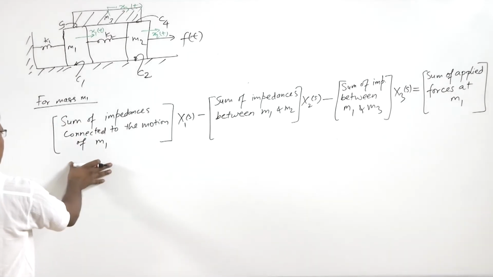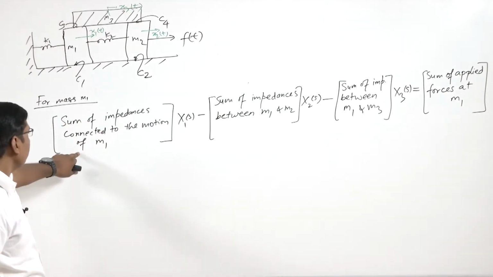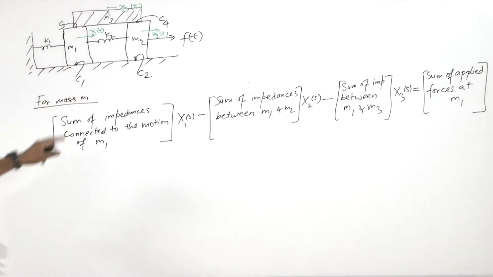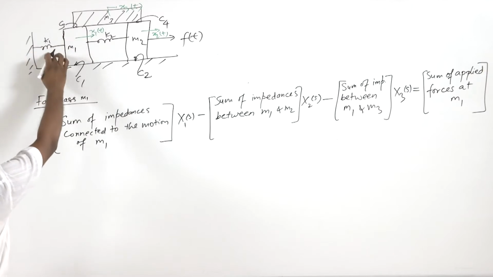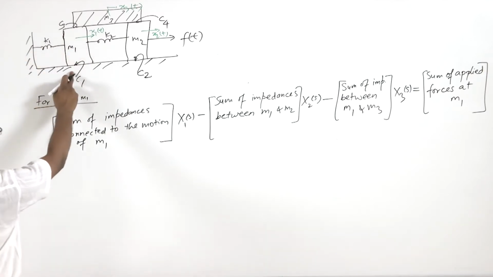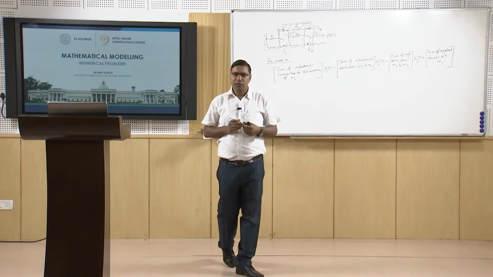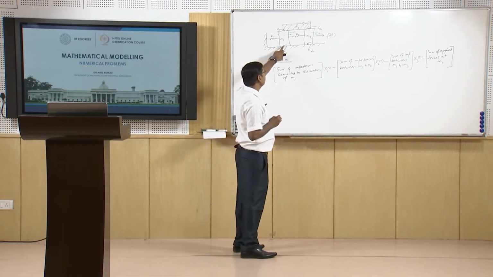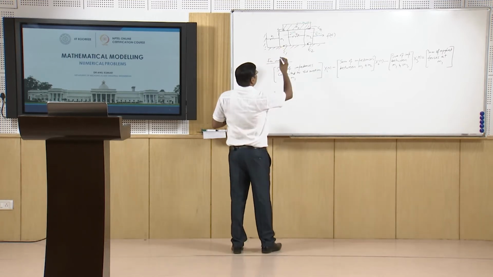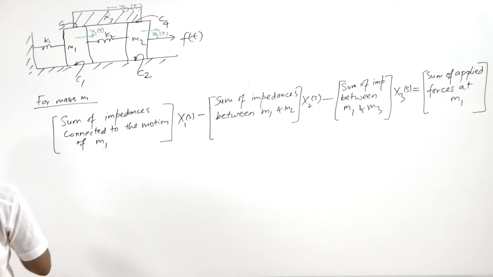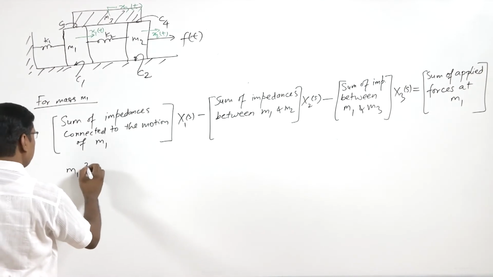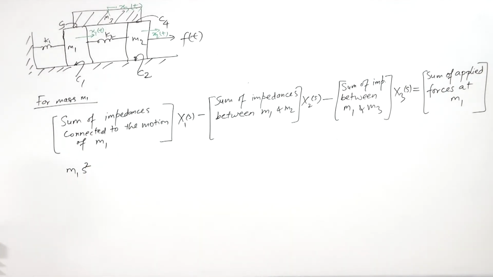Now the sum of impedances connected to the motion of m1. m1 is getting impedance due to this spring and this damper C1. C1 is the equivalent viscous damping coming from friction with this surface. So we can write the mass impedance m1 s square, because the mass has the impedance m s square.